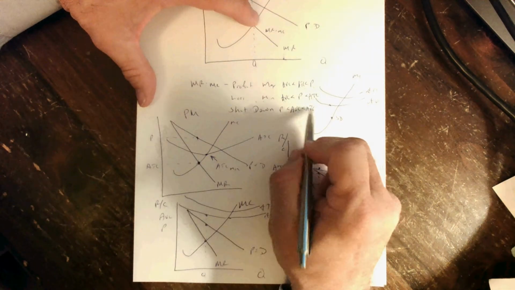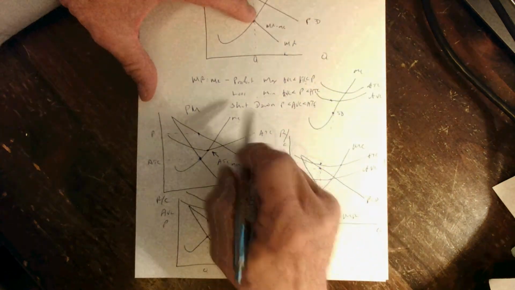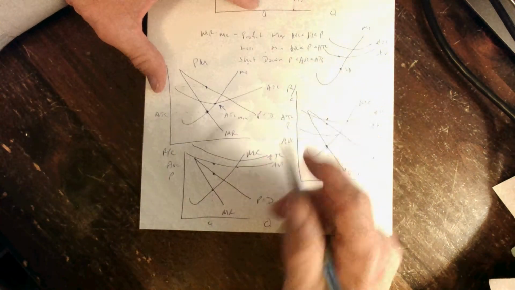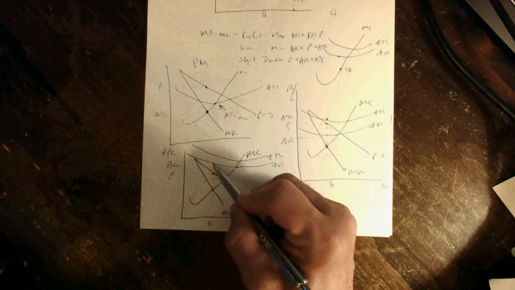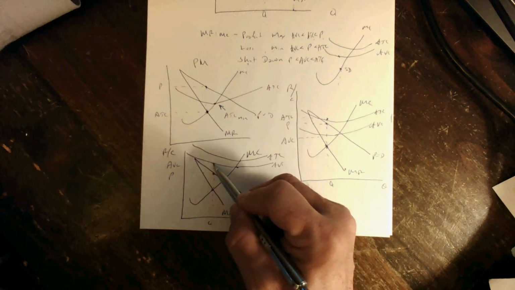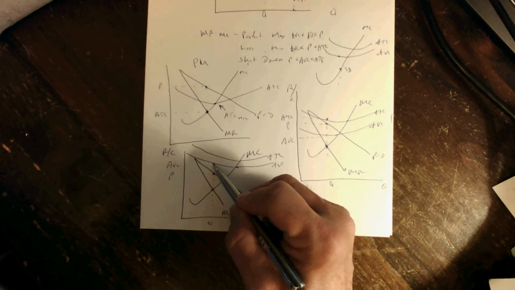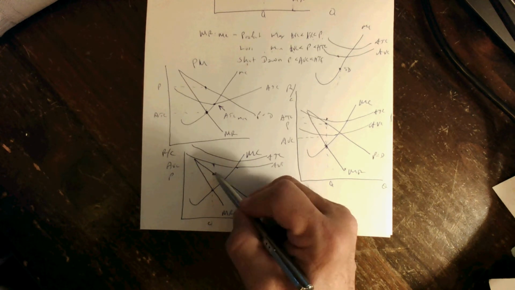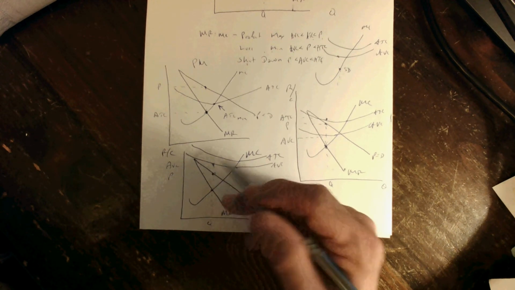Now, price is less than average total and average variable cost, and the firm should shut down, because now it's losing money on its variable inputs as well. So its loss will be larger than its fixed cost. So in order to lose as little money as possible, they should not lose money on the variable cost as well as the fixed. Shut down and incur only the fixed cost.